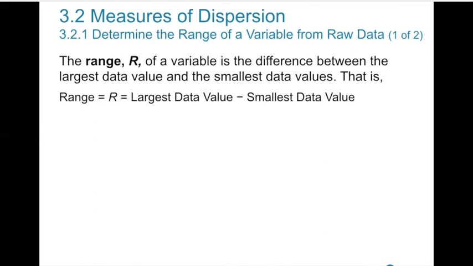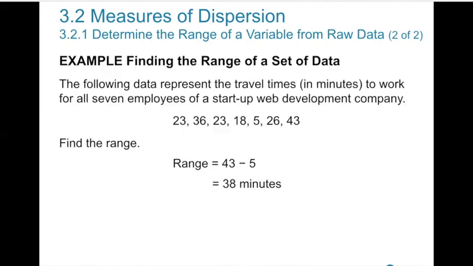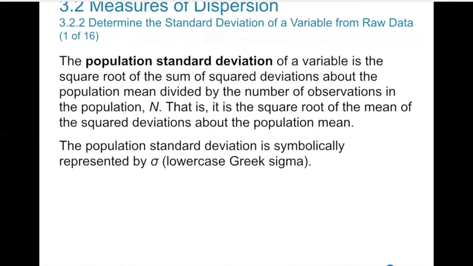So one measure of dispersion is range. So just like you've looked at before, the biggest number minus the smallest number gives you the range of a set of data. The next measure of dispersion that we're going to look at is standard deviation.